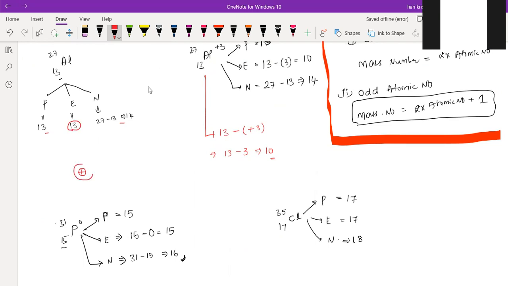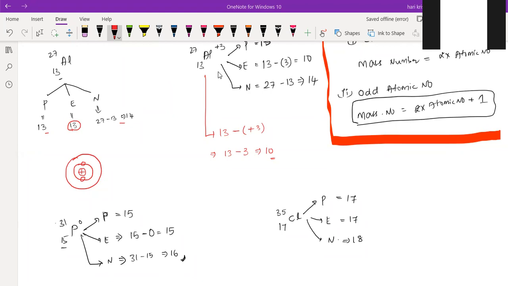So if we take electrons, 1, 2. The K shell will take maximum 2 electrons only, right? So aluminum is there.